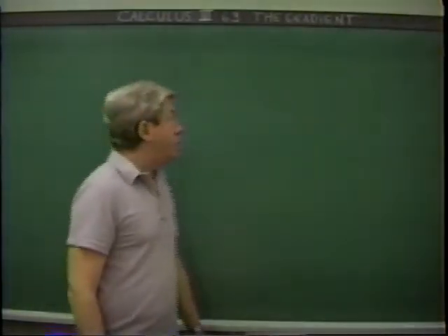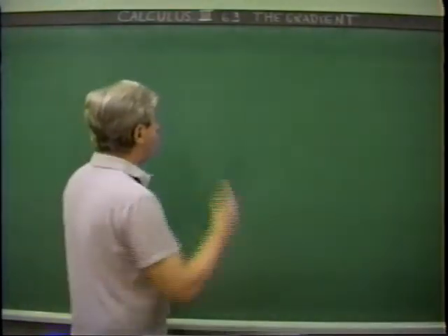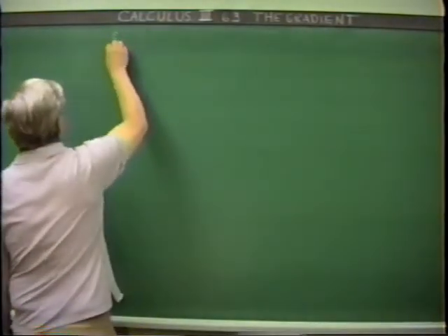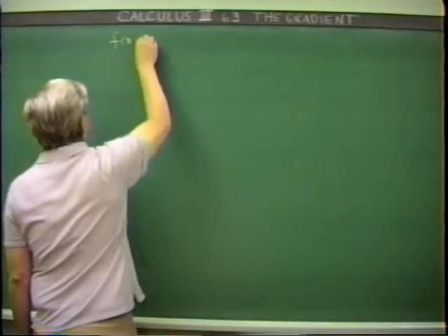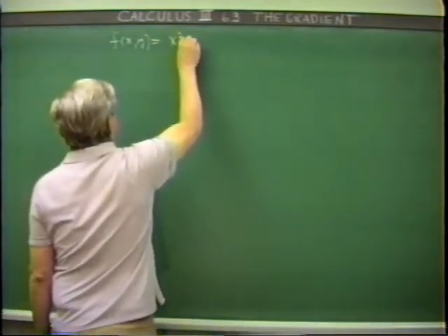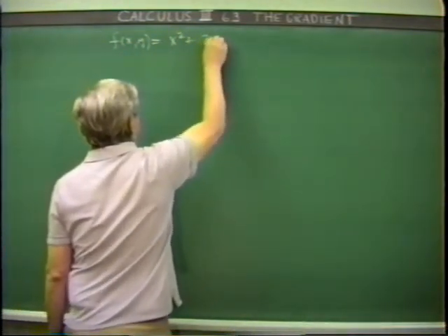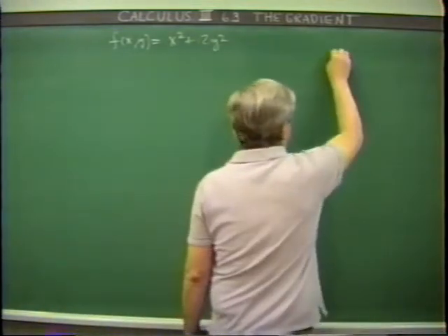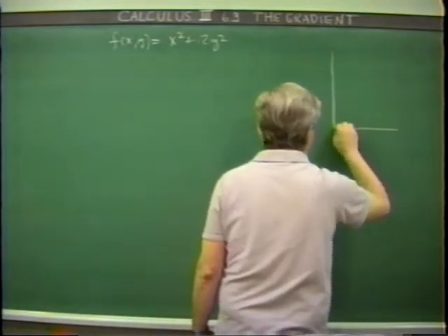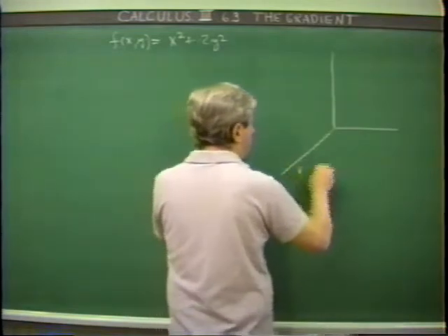Let's take a look at computing the gradient for a specific function here. Let f of x and y be equal to x squared plus 2y squared. Right. This is a paraboloid. The graph is a paraboloid.